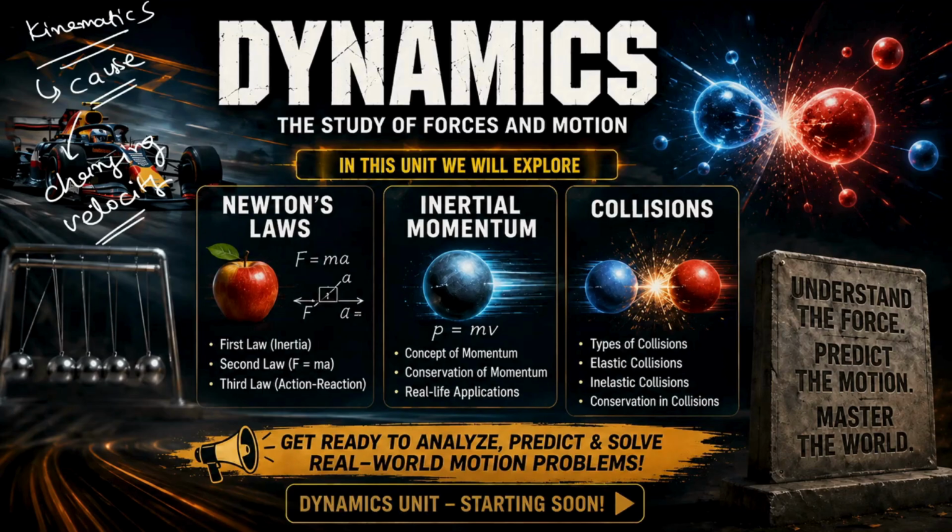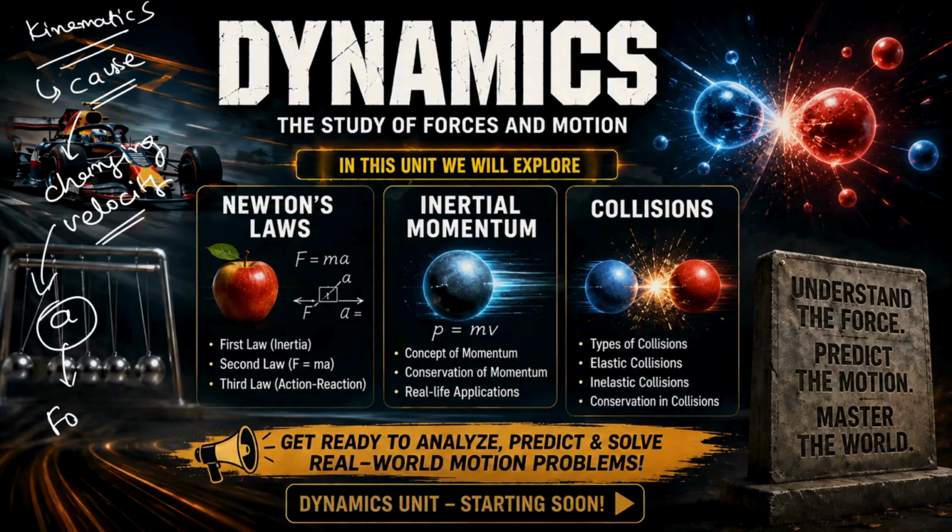So we have seen many problems in which initial velocity is different and final velocity is different. But we say that it is due to acceleration or deceleration going on. But what is the origin of that acceleration?